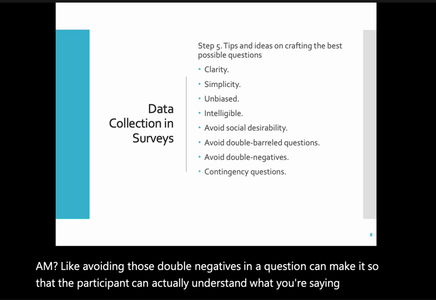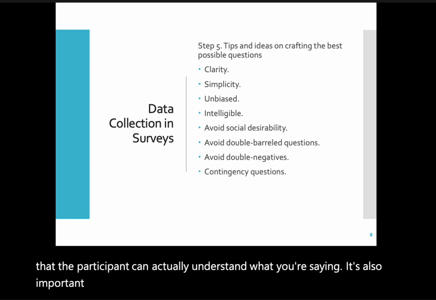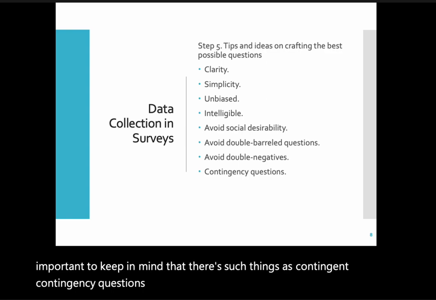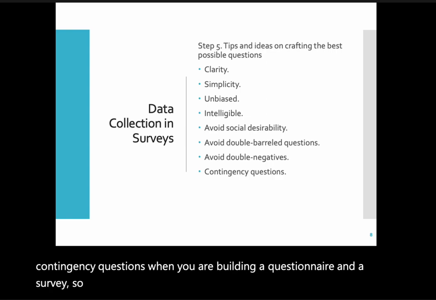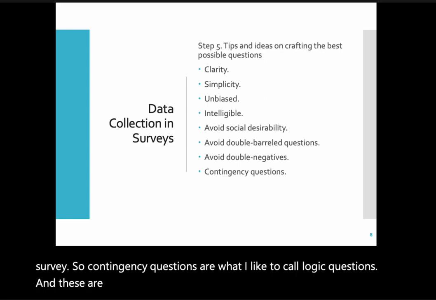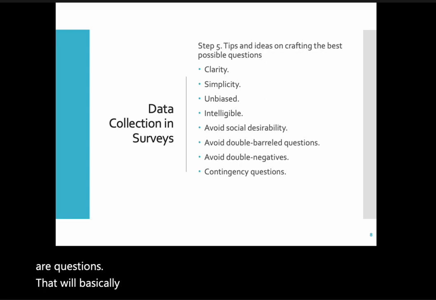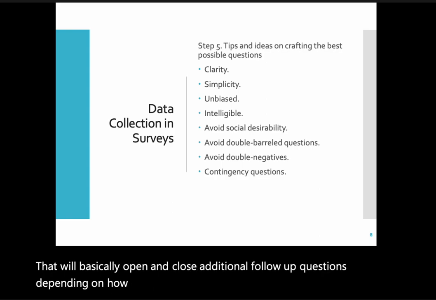It's also important to keep in mind that there's such things as contingency questions when you are building a questionnaire in a survey. So contingency questions are what I like to call logic questions. And these are questions that will basically open and close additional follow-up questions depending on how a participant responds.